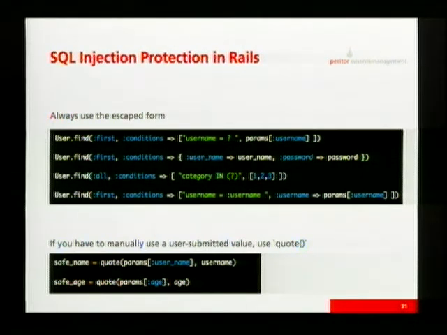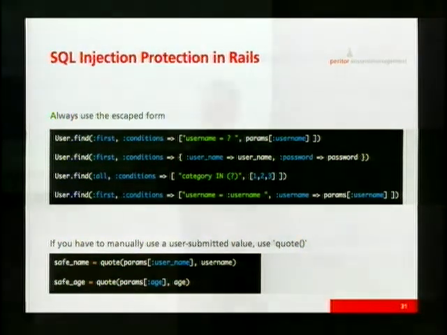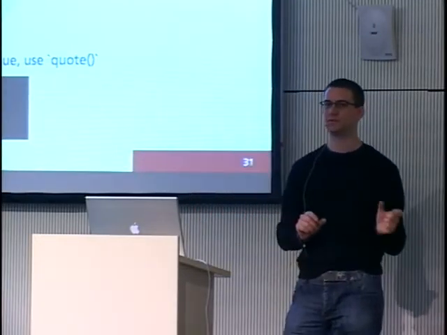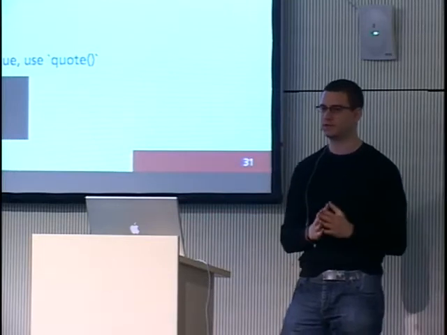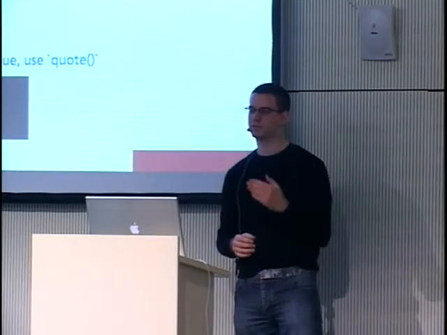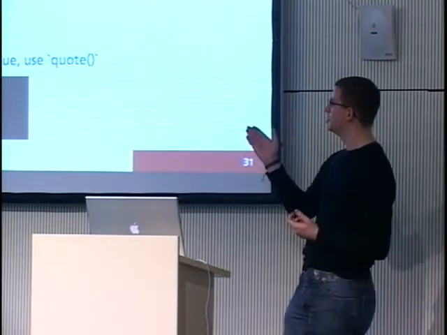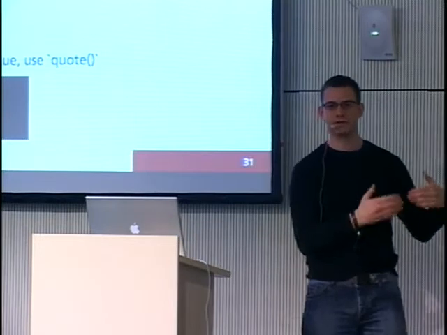If you ever have to use a user submitted value manually somewhere in your assembled queries, always use the quote method. The quote method will ensure that the value is properly quoted depending on the database that you are using. You can even pass it a second argument that tells it which attribute this value is matching against. So it will then quote integers differently than strings: if you're trying to quote the username, it's a string, so I will quote it as a string.